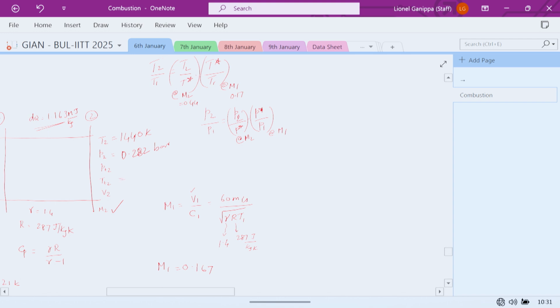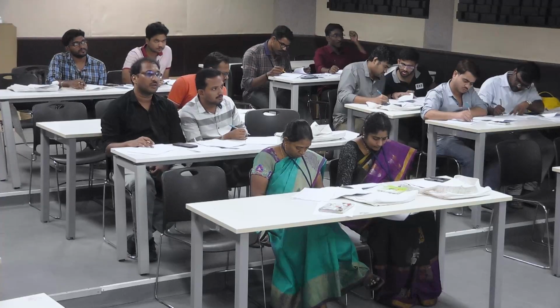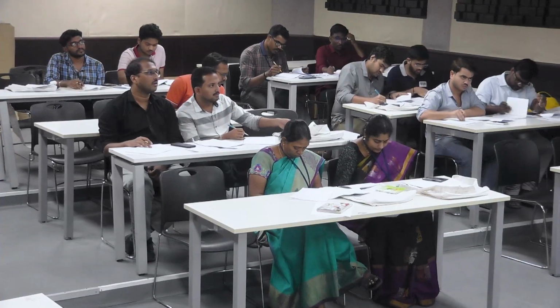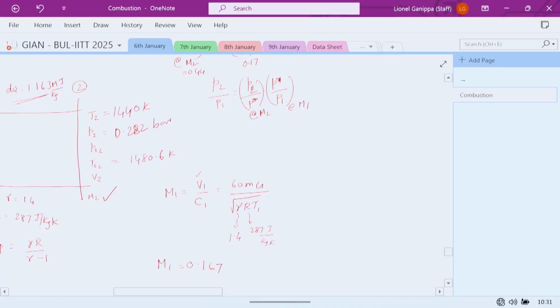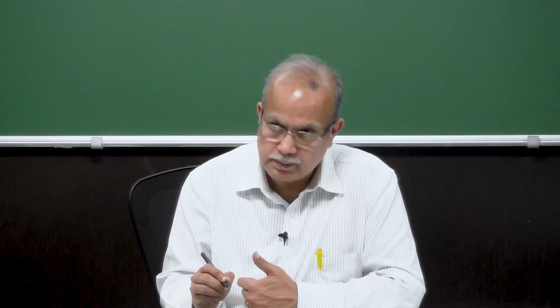So what is the value? It should be in the order of 149 something. 1480.6 Kelvin. Okay, what is PT2?